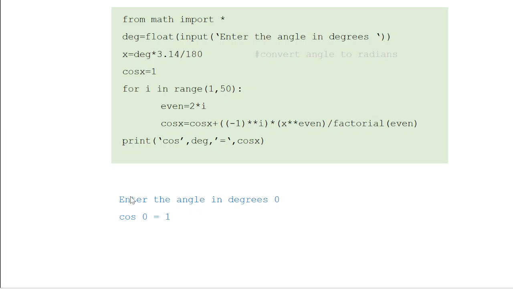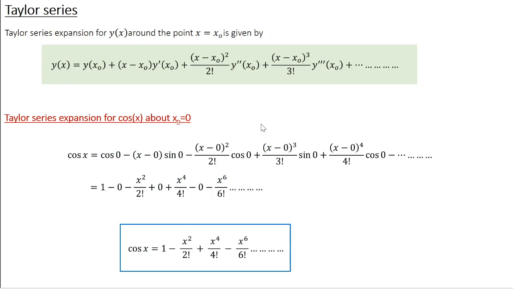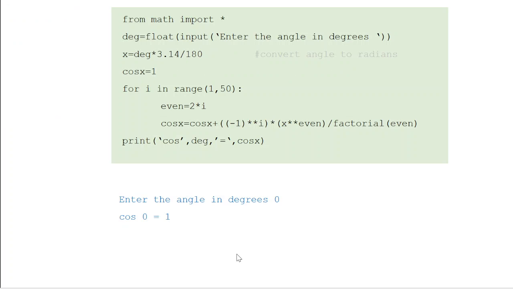I will say minus 1 to the power I. Right. So here I starts with value 1, minus 1 to the power 1 will give you a minus sign here. Then in the second iteration, I equal to 2, minus 1 to the power 2 is plus, so I have plus here. In the next iteration, I is an odd number, so minus 1 to the power I will give me a minus sign here. So you have alternate plus and minus signs here. So that is taken care of by the first term.